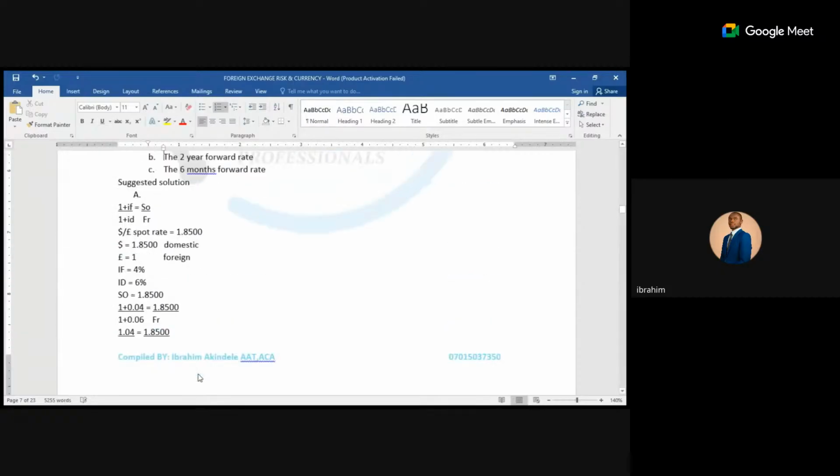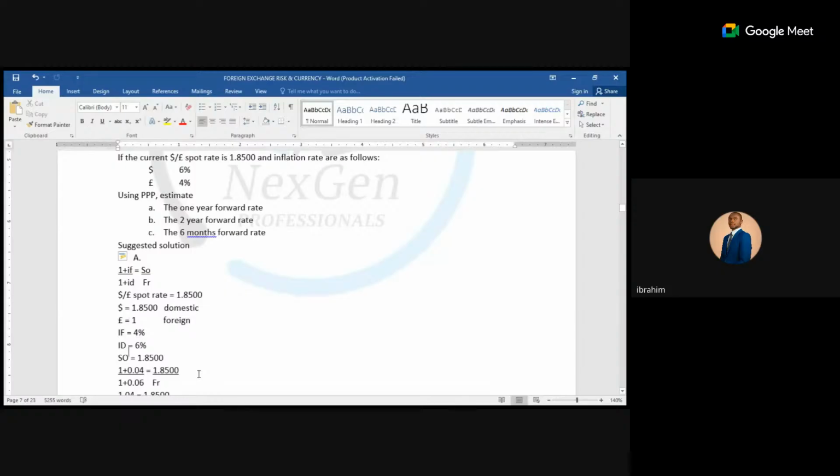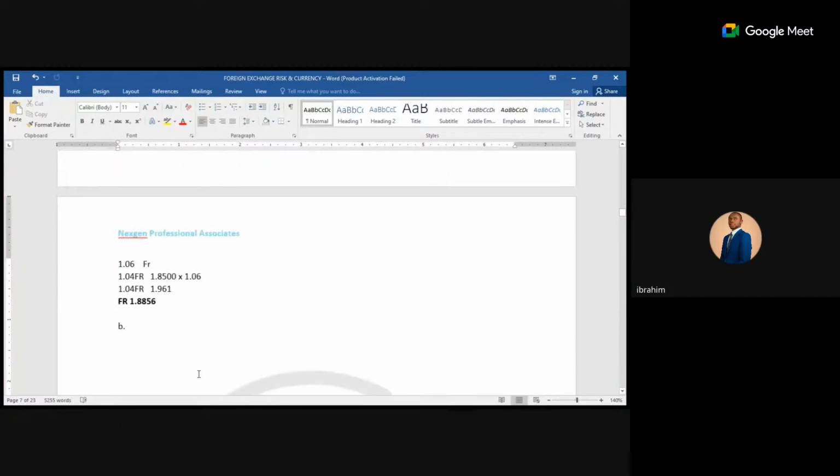The B part of the question says the 2-year forward rate. Class, this is just 1 year, because this is what you will use to convert, whether to naira or to dollar, depending on the country's functional currency.